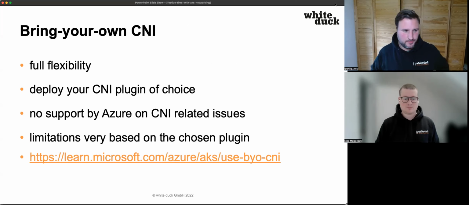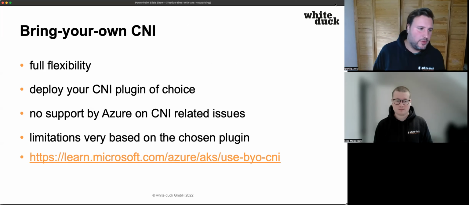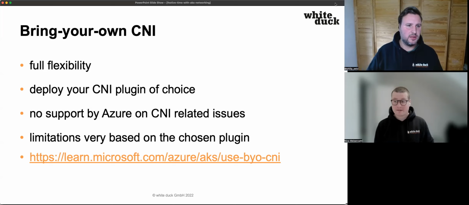And the last feature is the Bring-Your-Own CNI. It's also new. Basically, when you spin up your cluster, you will see that the cluster is there, but all the nodes are in status not ready until you bring your own CNI and install a network plugin into Kubernetes. So you can deploy your CNI of choice, for example, Cilium.